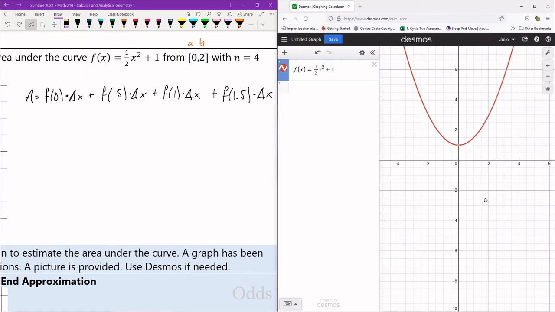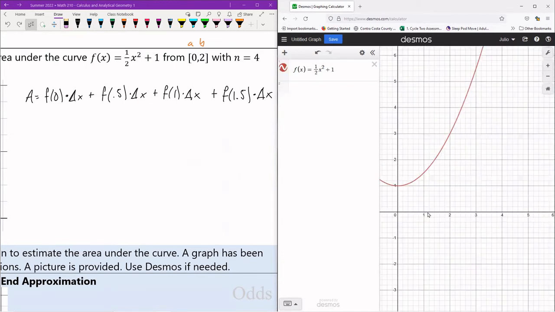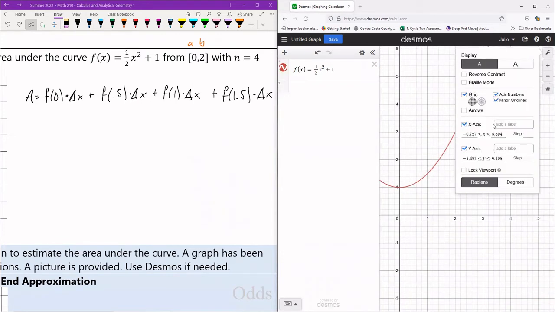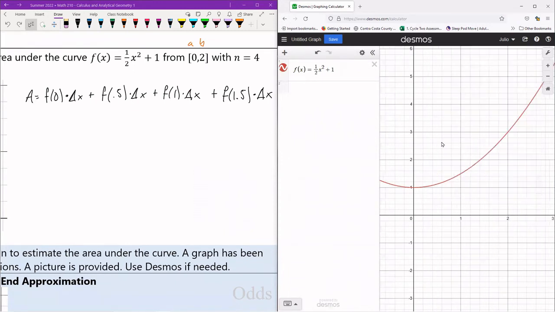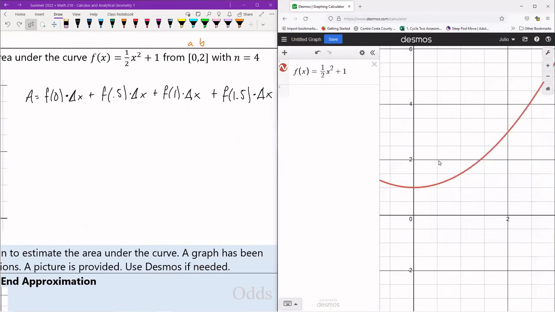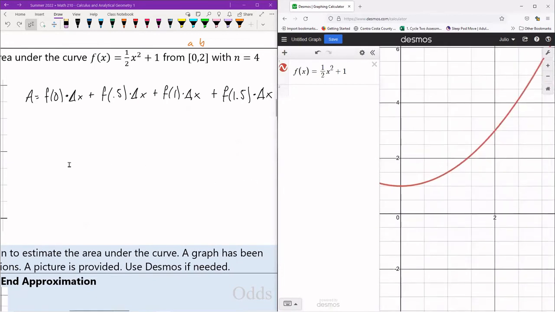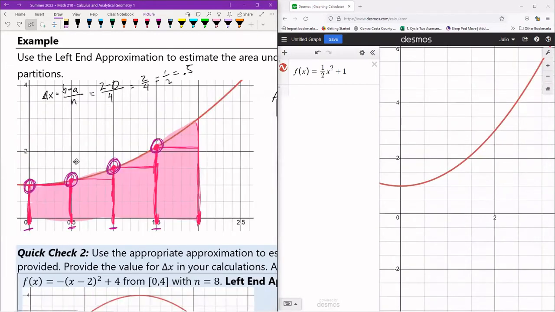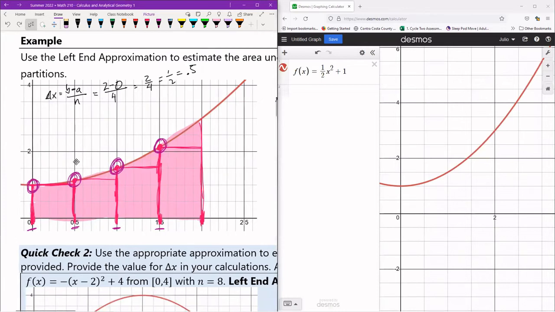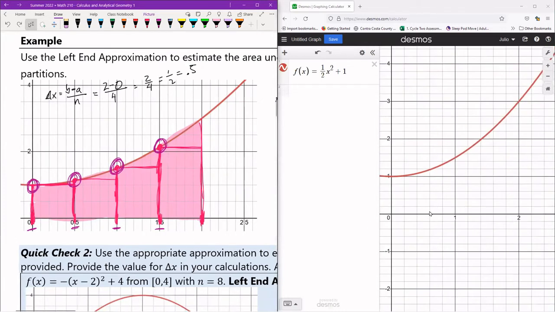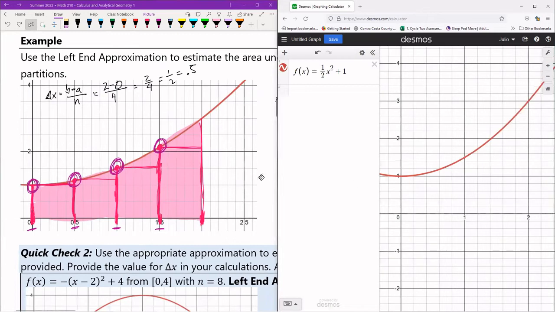So let's go ahead and zoom into the thing that we really want. We want this right here. And I think I'm going to change this so that the x goes just up to 3. There we go. So this is the graph that we have over here. You guys see that? Cool. Okay. So it's got all the bits and pieces that we need, right?